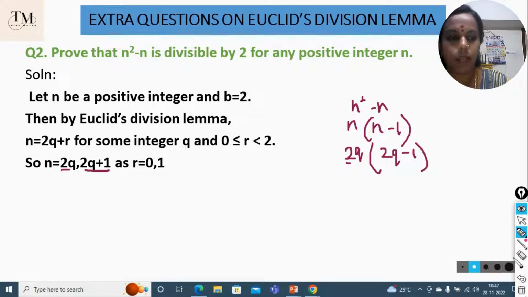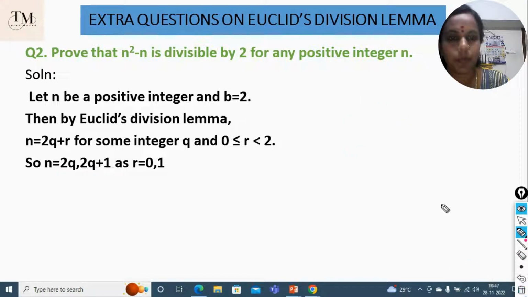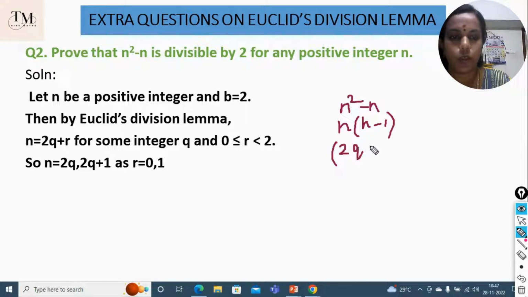For the next value, n square minus n is nothing but n into n minus 1. The next value is 2q plus 1. Instead of n, we substitute 2q plus 1. So here 2q plus 1 and this minus 1.